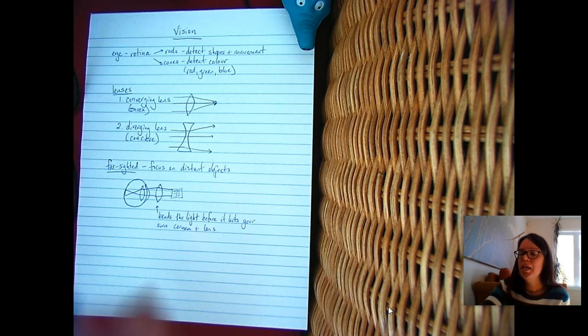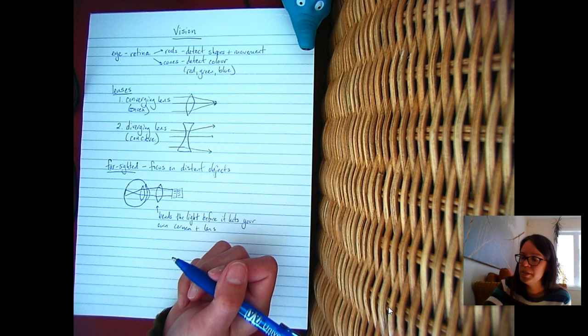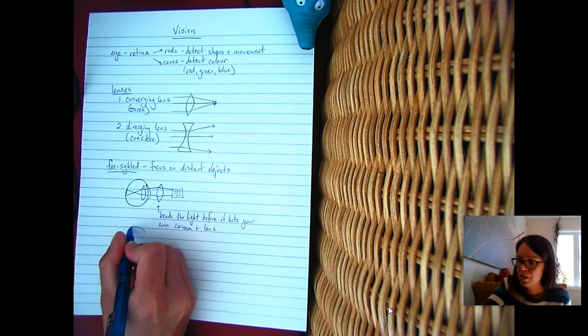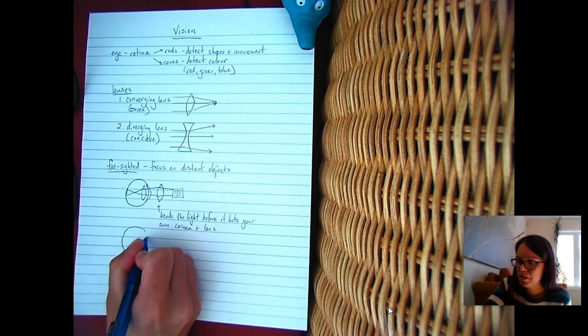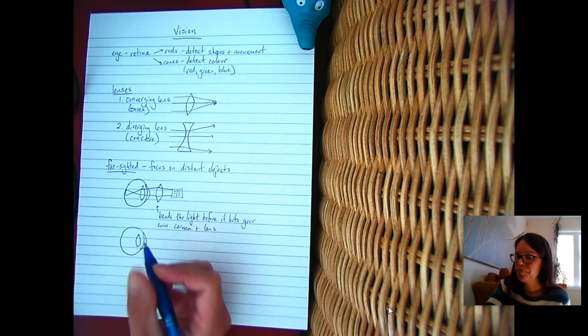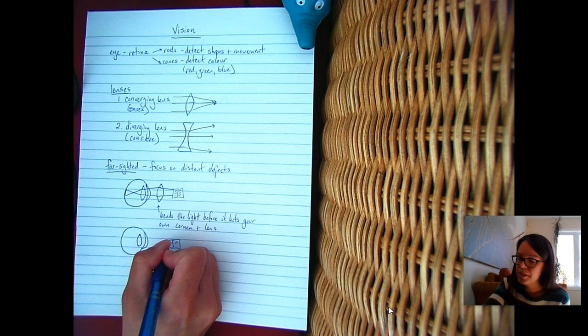Okay, if you didn't have this lens in front of you, what would happen essentially, if I try to recreate the scenario down here: cornea, pupil for the light to come in, your lens doing its best. Okay, book here, no lens. What's going to happen is the light's going to come in.